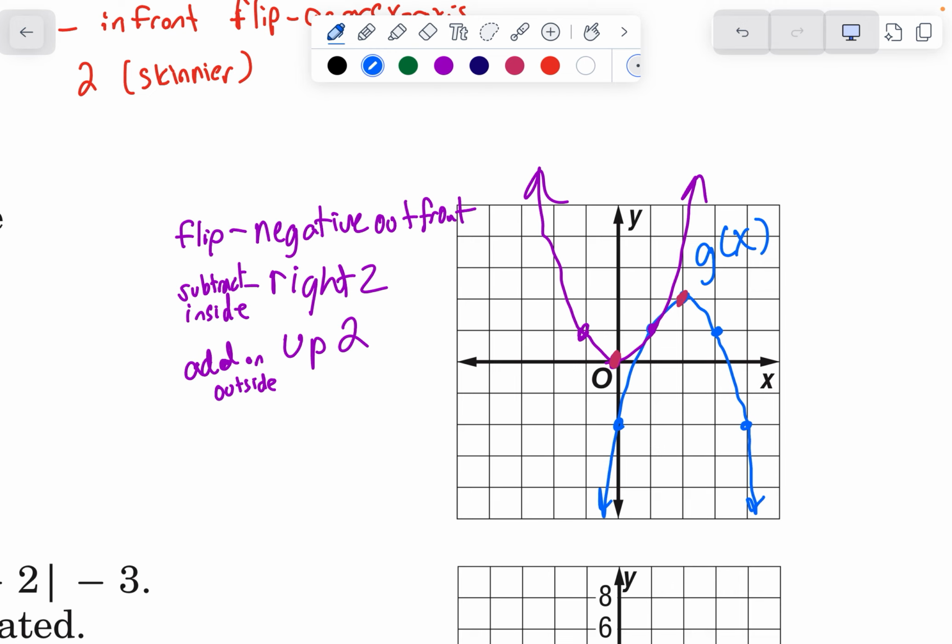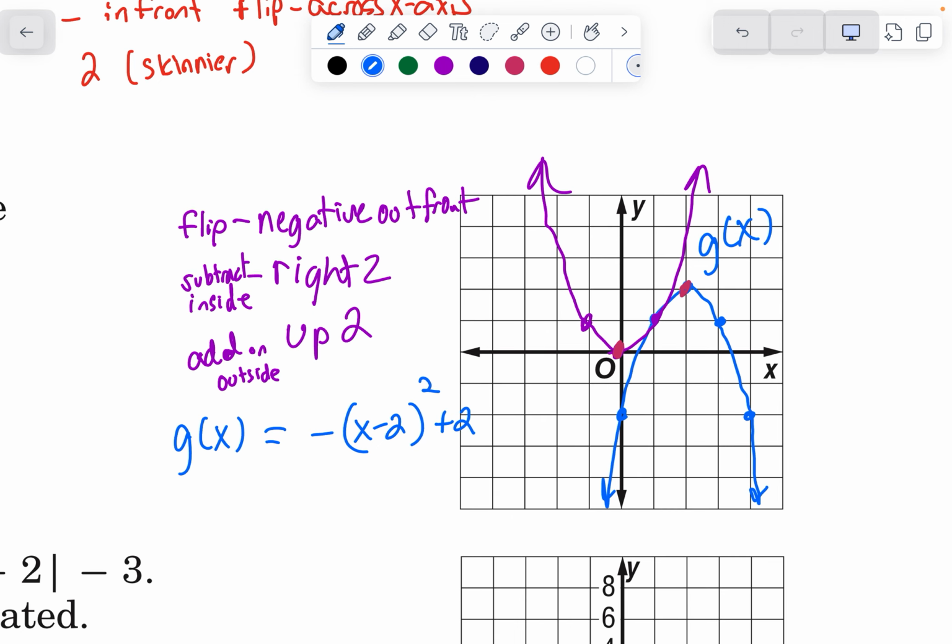So our g of x function has to be a square in order to make a parabola. We need a negative on the outside to flip it upside down. We need a subtraction of 2 on the inside to move it to the right, and an addition of 2 on the outside to move it up.